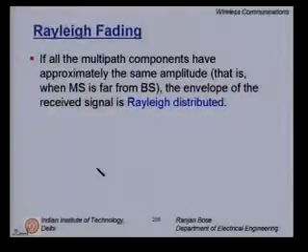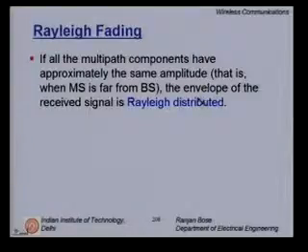When does Rayleigh fading occur? If all the multipath components have approximately the same amplitude. That is, when the mobile station is far away from the base station and also does not have a clear line of sight, because that will be definitely the strongest component. So, in the absence of a line of sight and when all the multipath components have roughly the same amplitude, then the envelope of the received signal is Rayleigh distributed.